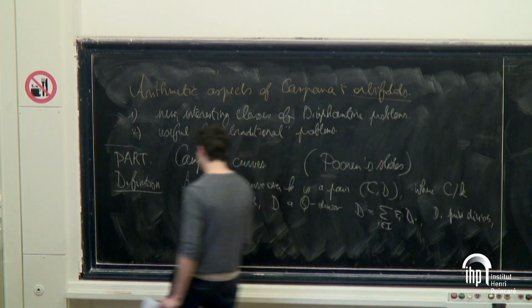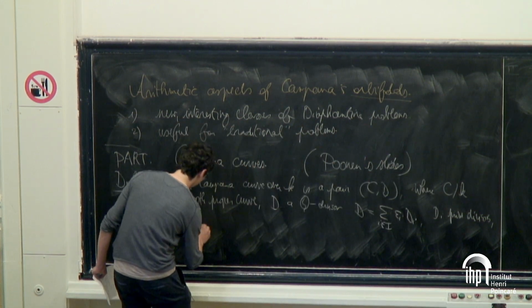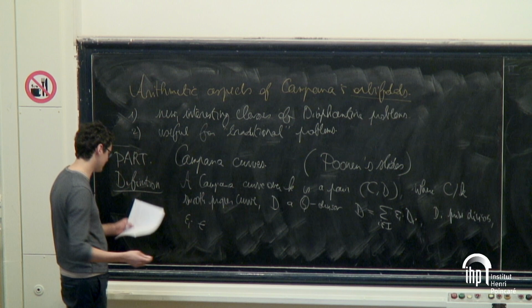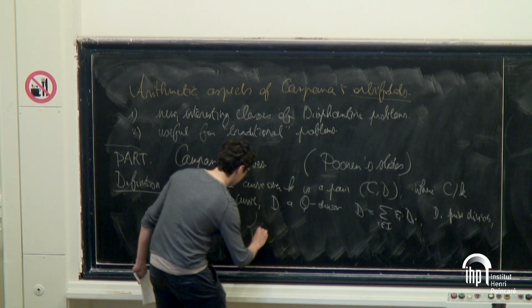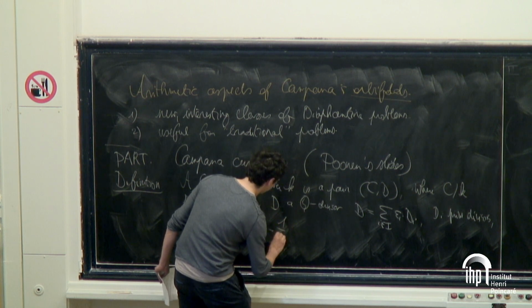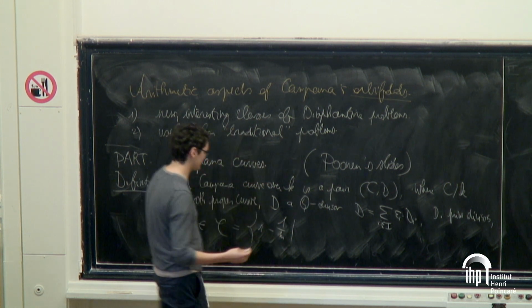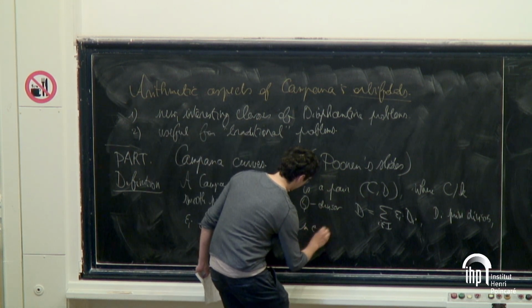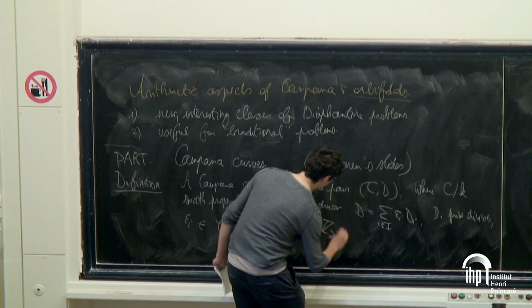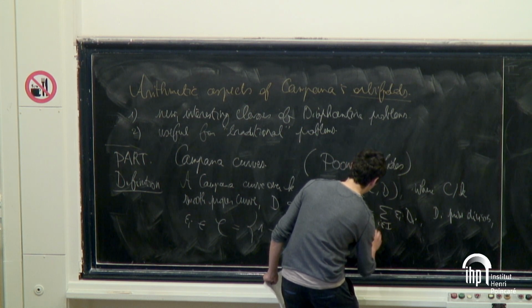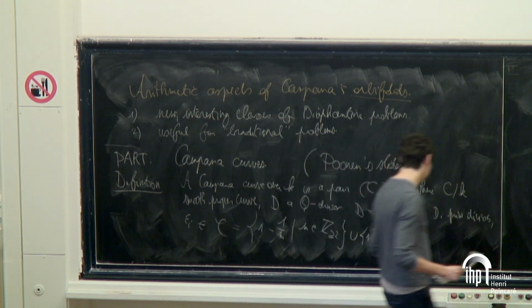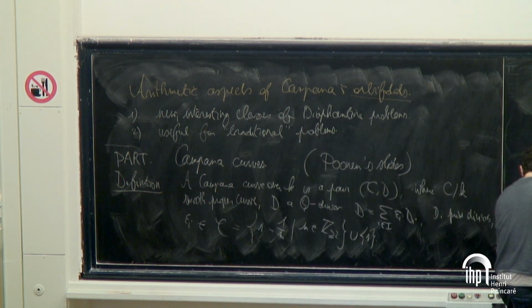And the coefficients, epsilon i, will belong to a distinguished set of rational numbers. This set will be the set of all numbers of the form 1 minus 1 over m, where m is some integer at least 2, or, well, we're also adding the number 1.